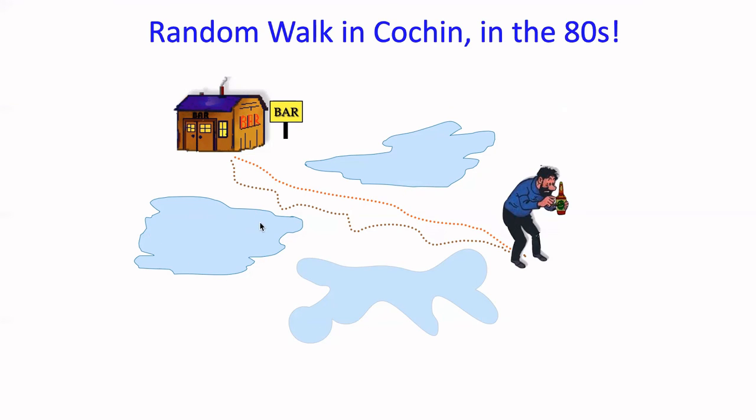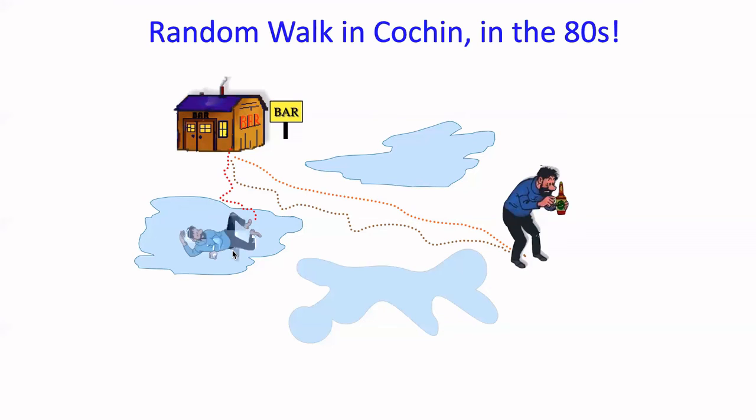And with the rainy season, these holes would get filled with water. So imagine a drunken person walking in Cochin city in those days. There are big traps for the walker.